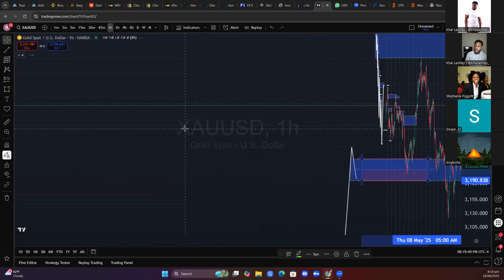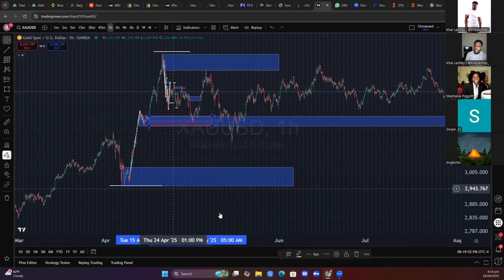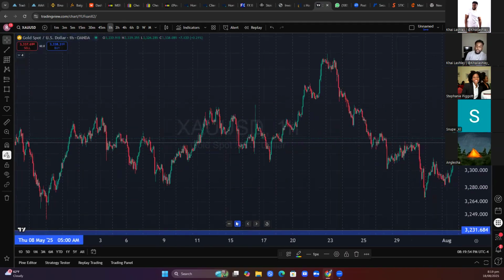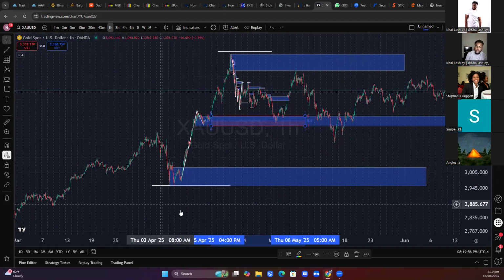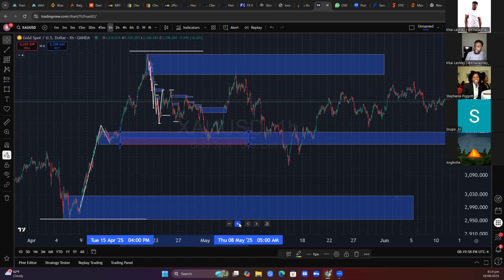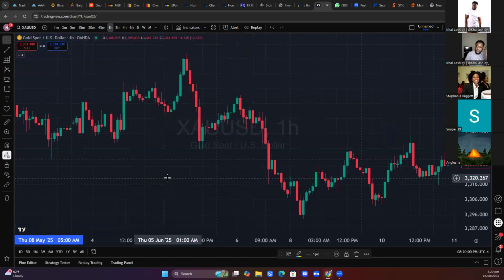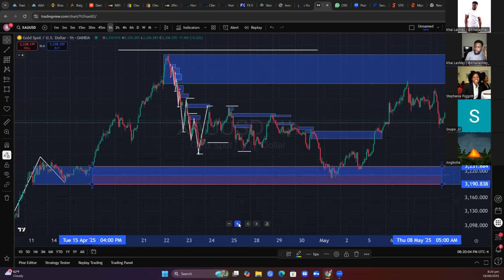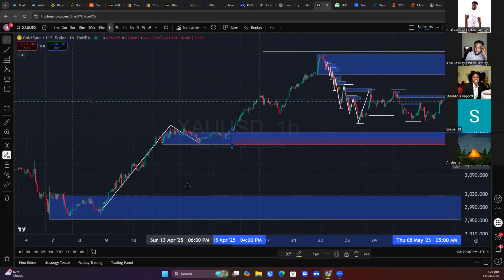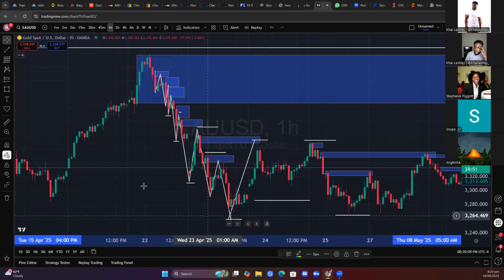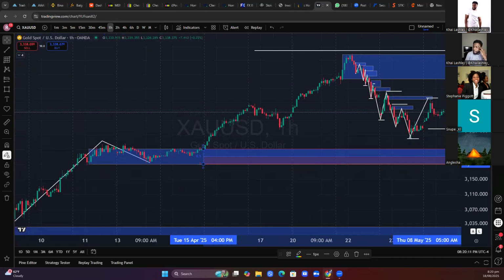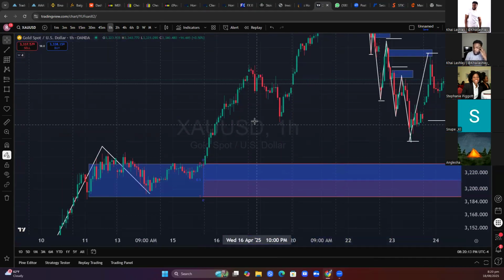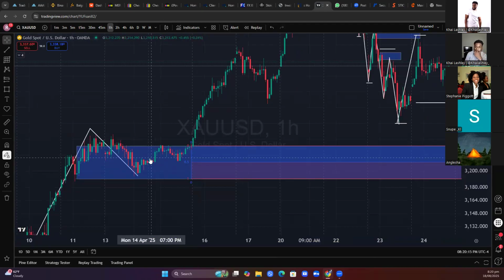Or you just look for, like I showed you guys on a 1 hour perspective, the engulfing candle. Look for the engulfing candle. So we're looking left for the engulfing. See the engulfing candle here?